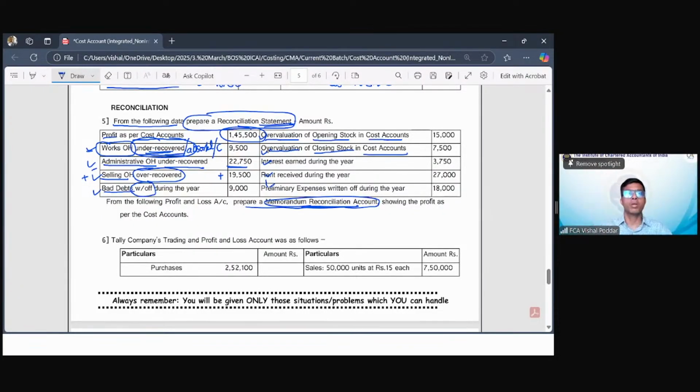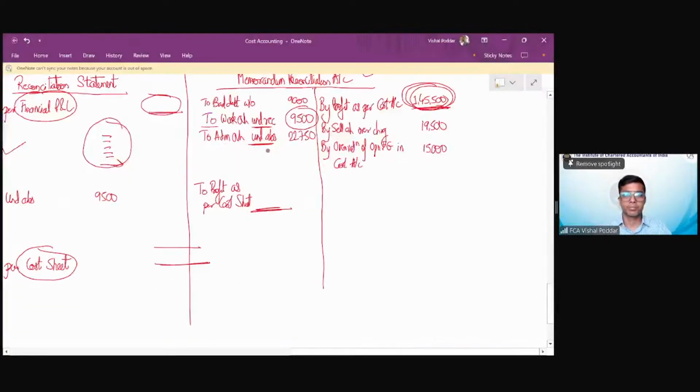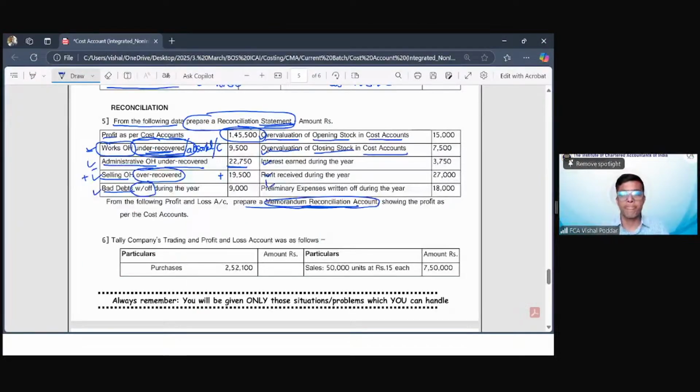I have to come down. So now less. To overvaluation of closing finished goods. How much is the amount? 7,500. Correct, students?